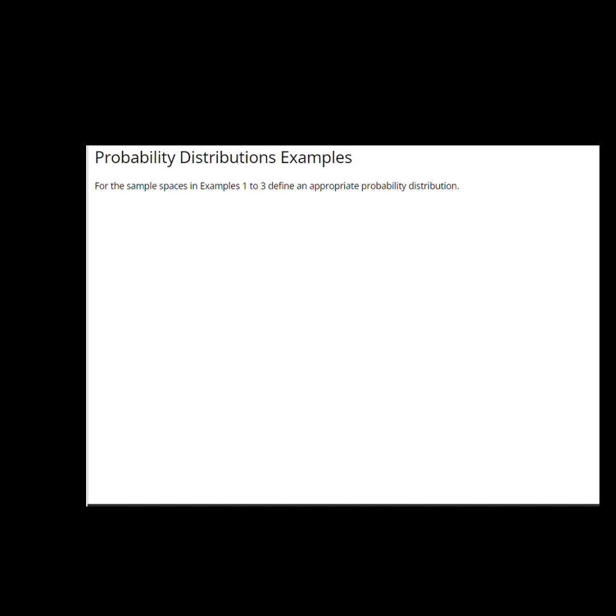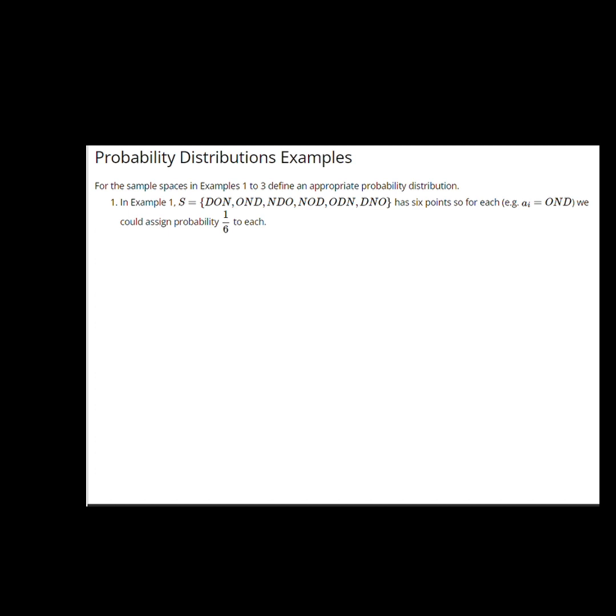For the sample spaces in examples 1 to 3, we will define an appropriate probability distribution. In example 1, for example, S consisted of the 6 permutations of the letters DON. There are 6 points. Any one of them, therefore, could be assigned probability 1/6.